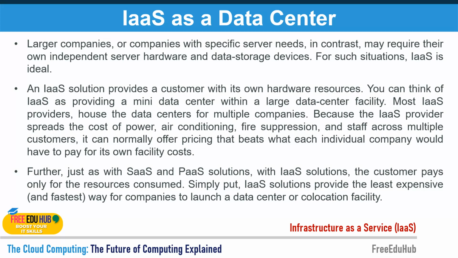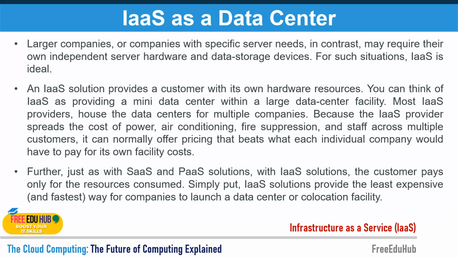The other thing, which is a very big selling point for these cloud service providers for infrastructure as a service, is that they are constantly upgrading their infrastructure with the latest hardware, so you don't have to worry about spending a lot of money on buying new servers, upgrading them, or paying the licensing fee and all those things.